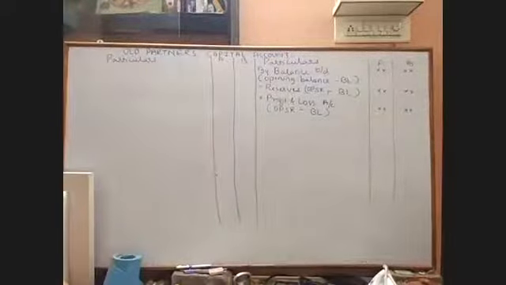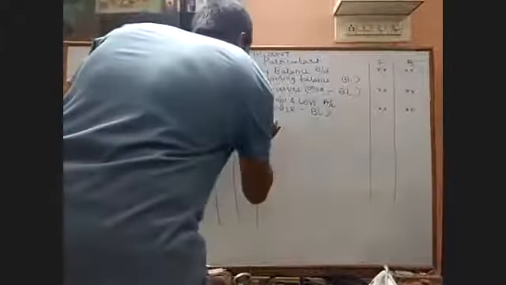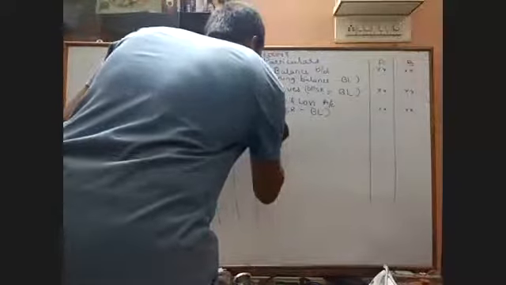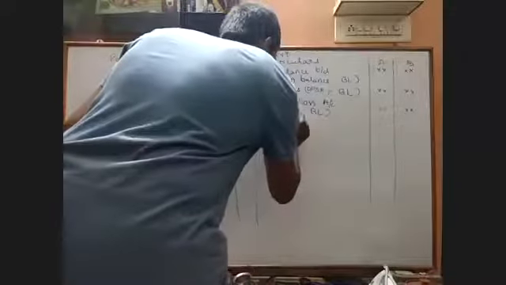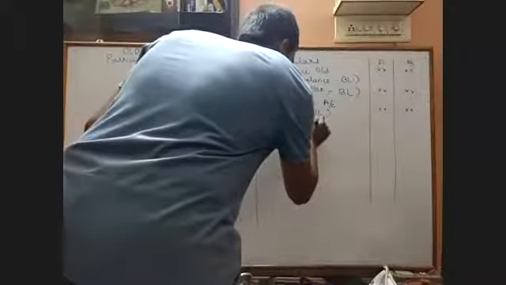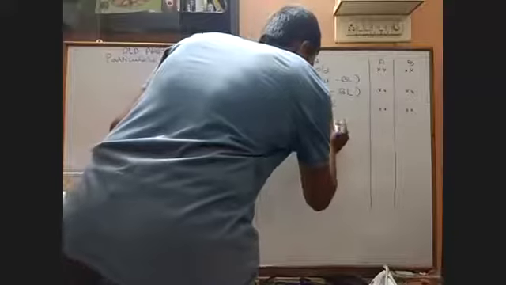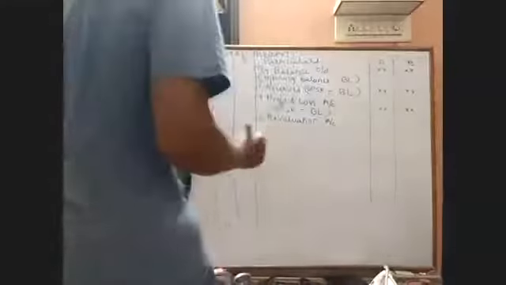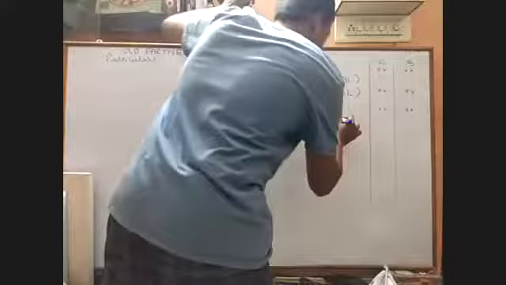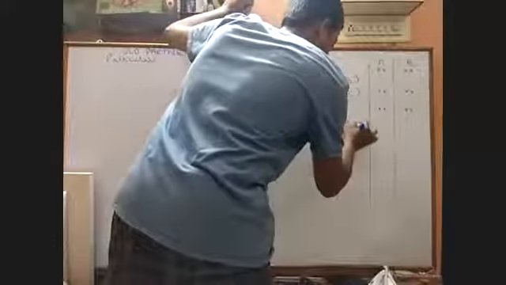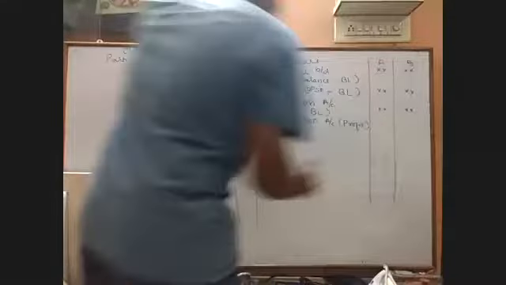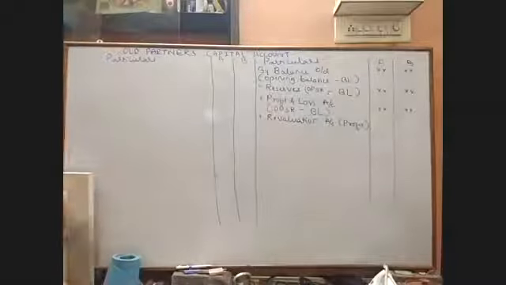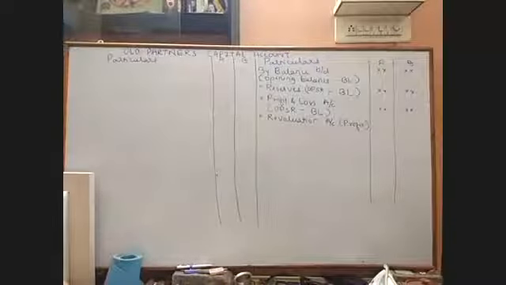Next, by revaluation account, in bracket we need to write profit. When it is appearing on the credit side, it means it is profit.